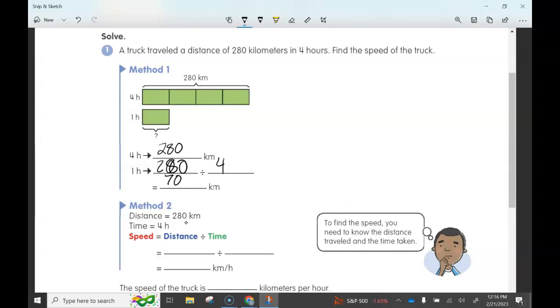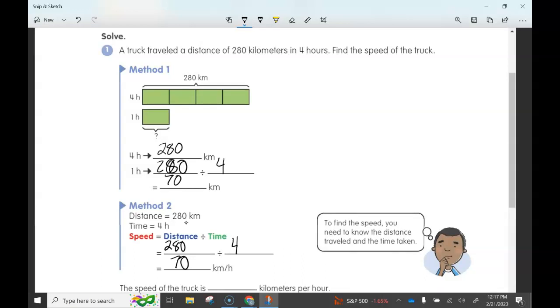Another way that we could figure this out is we have the distance. Speed equals distance divided by time. So we have the distance, which is 280 kilometers, divided by 4, which is the hours, and that gives us 70 kilometers per hour.